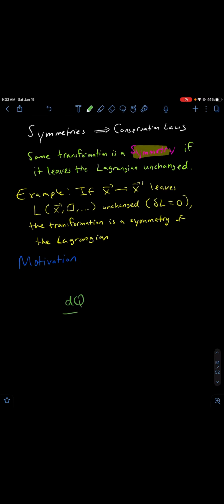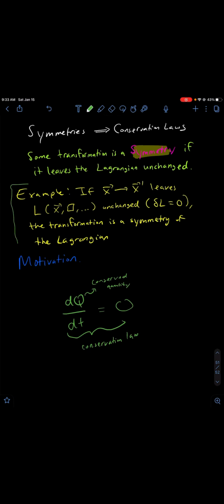It just says that the derivative of some conserved quantity, Q, over time equals 0. So this statement is called a conservation law, and Q is what is called a conserved quantity. So Noether's theorem tells us that if we have some symmetry, there is some conserved quantity or some conservation law that goes along with that symmetry.